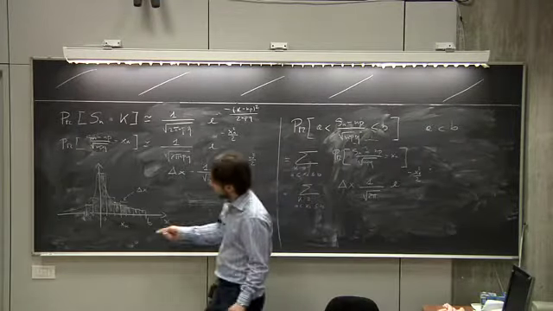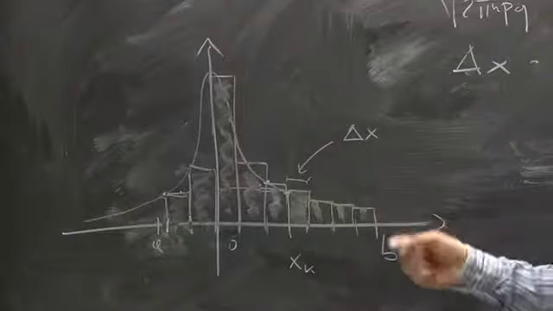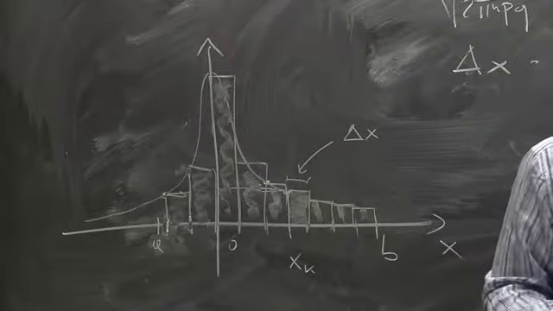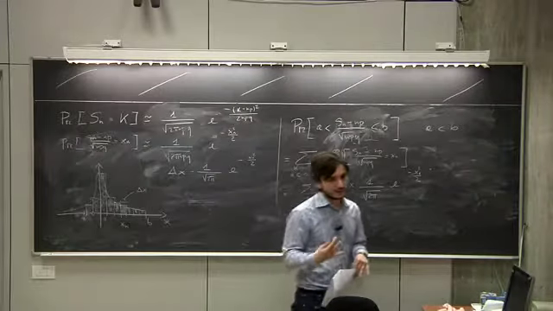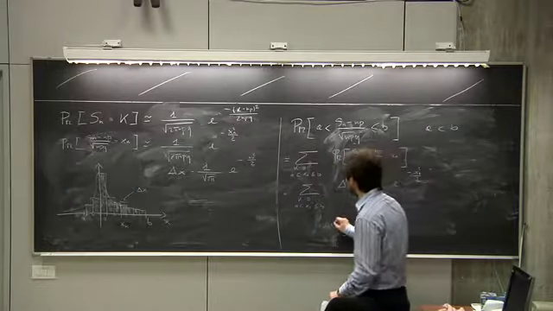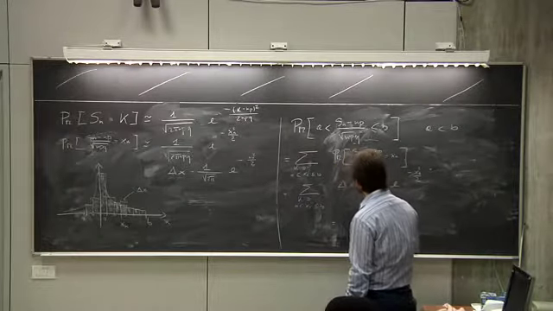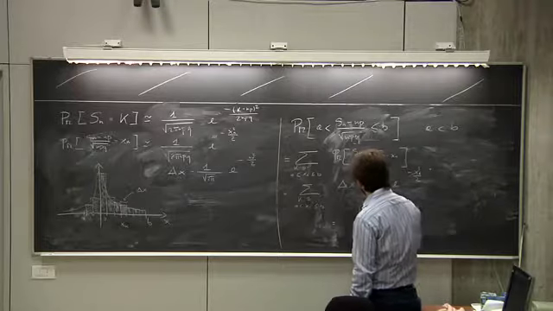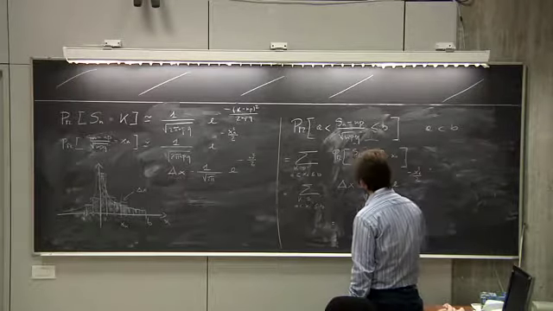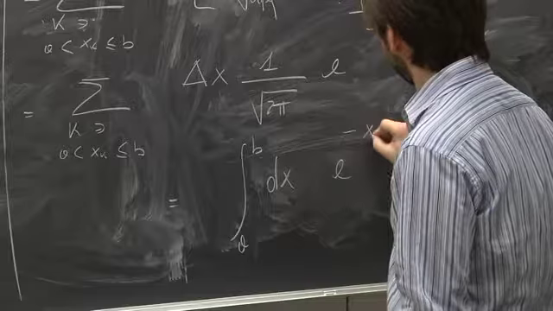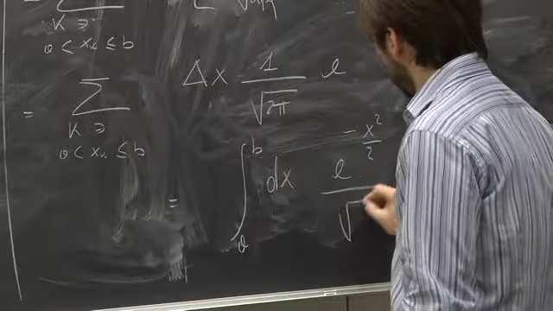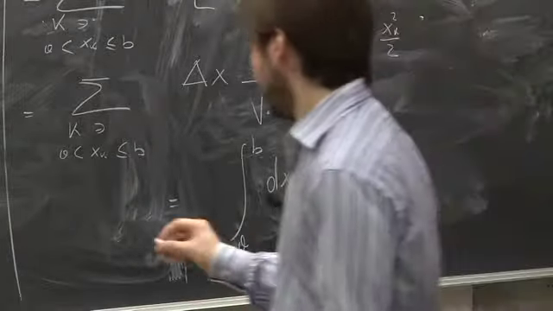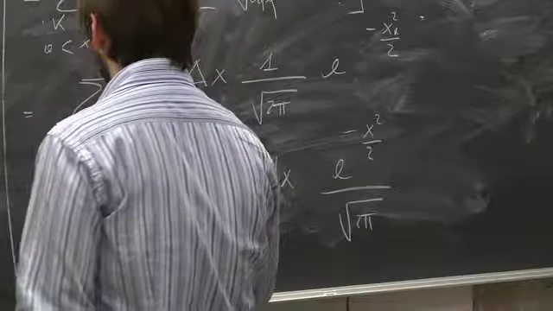Just calculating the area of these rectangles, summing them up, and then if you let n go to infinity, you get exactly the definition of the Riemann integral. So this is the integral from A to B of e to the minus x squared over 2, over square root of 2 pi, of course when n approaches infinity.